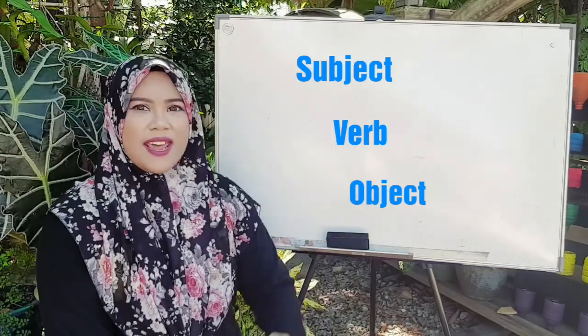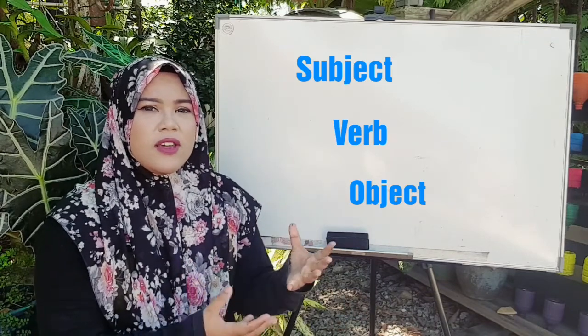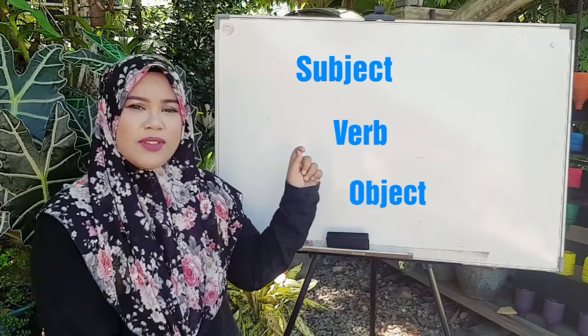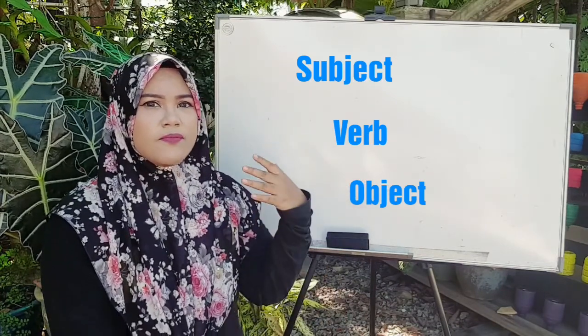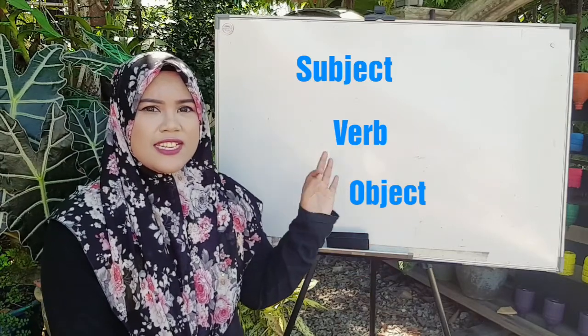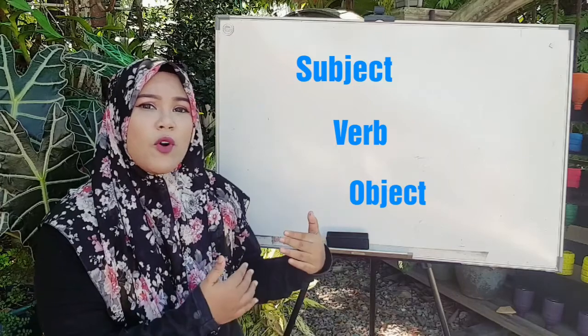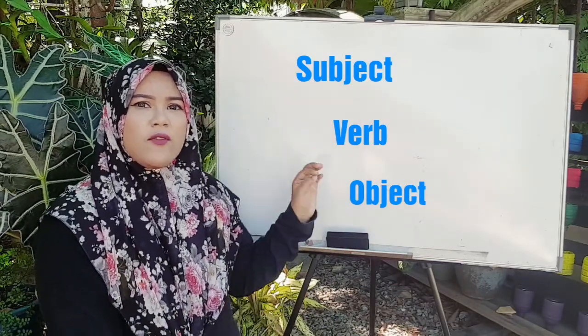So, subject is the person or the noun or whoever that do the action in the sentence. Subject adalah sesiapa sahaja, tak kiralah orang ke benda ke, as long as it is noun or pronoun yang melakukan perbuatan dalam ayat tu. Okay, subject ni dia yang buat verb tu.